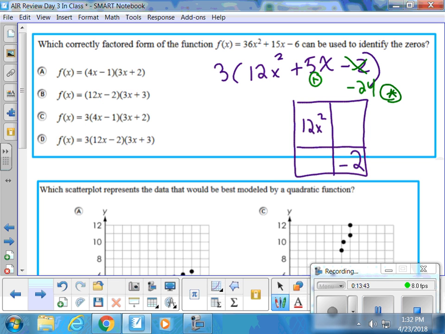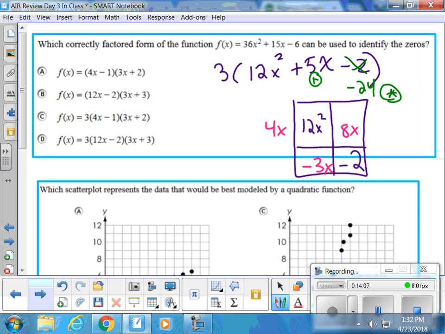I'll give you a ticket if you can give me the combination. Sammy? Positive. Yeah, perfect. Positive 8, negative 3. She's right. Positive 8 and negative 3. They both get an x. We'll pull out what the top row has in common, a 4x.